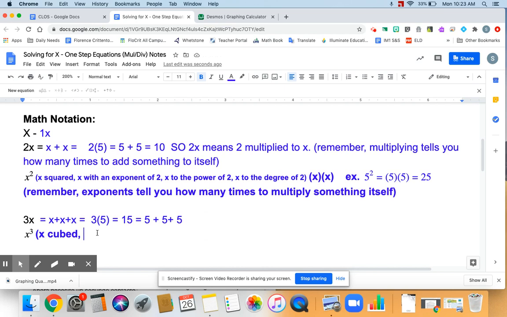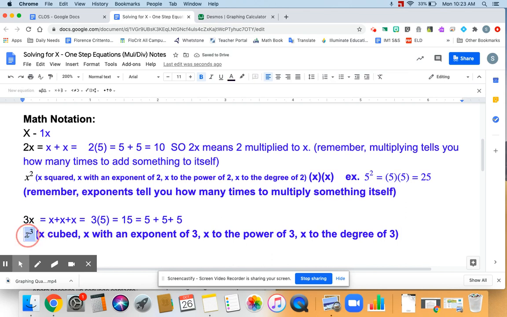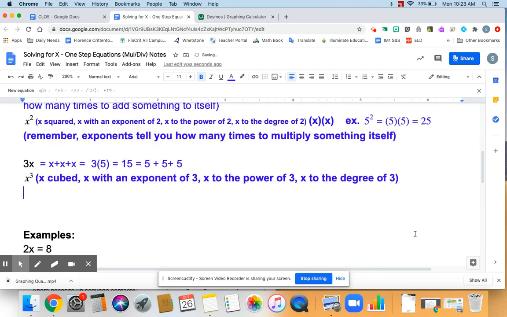But we can also say x with an exponent of 3, or x to the power of 3, or x to the degree of 3. So there's lots of ways to read this one. But what it means is that we're going to take x, we're going to multiply it to itself 3 times.